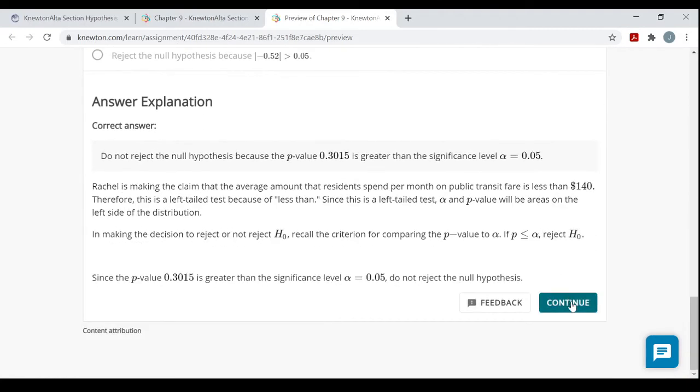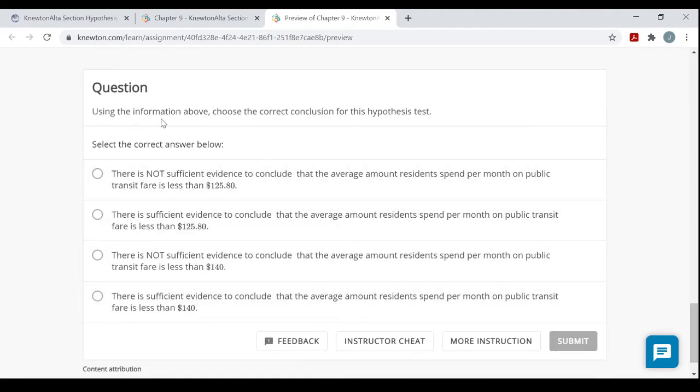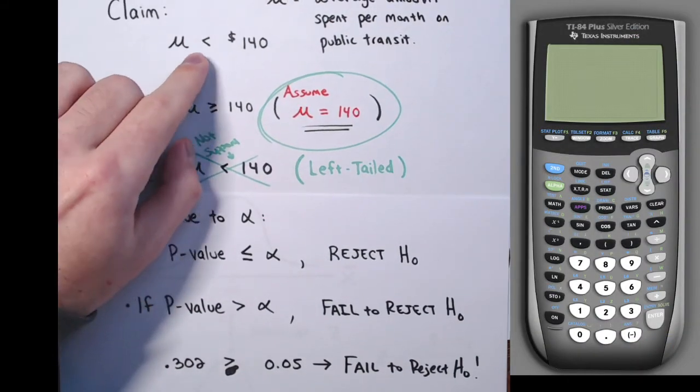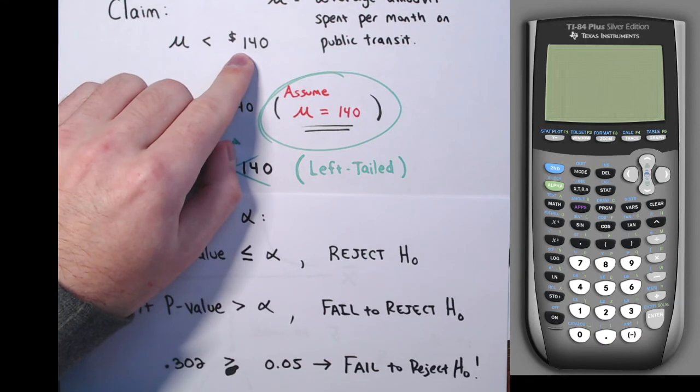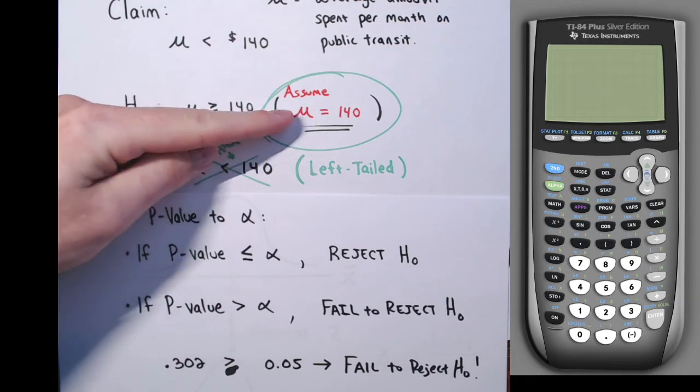Let's see, where they ask you to make a conclusion. Yeah. So use the information above. Choose the correct conclusion. Now remember, the conclusion should always be about the claim. And as you saw in my paper, the claim was that the mean was less than $140. We didn't reject that the mean was equal to 140.